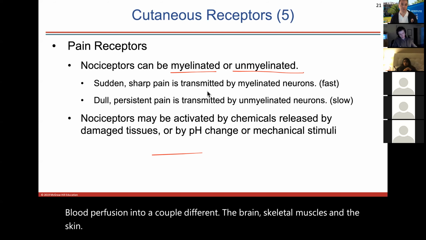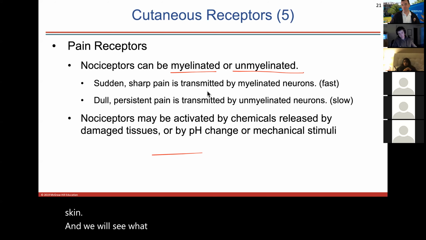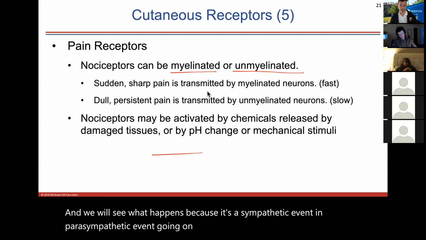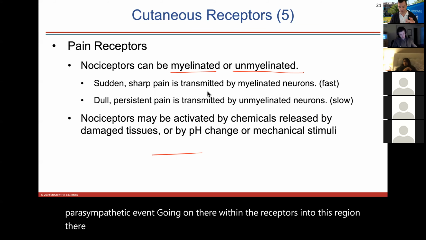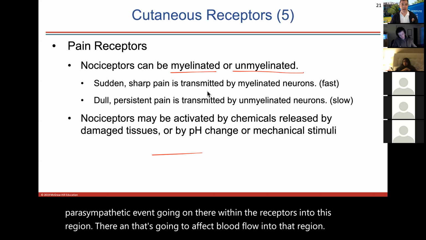And we will see what happens because it's a sympathetic and parasympathetic event going on there within the receptors in this region. That's going to affect blood flow into that region, and that can help with deadening the sensation in that region.